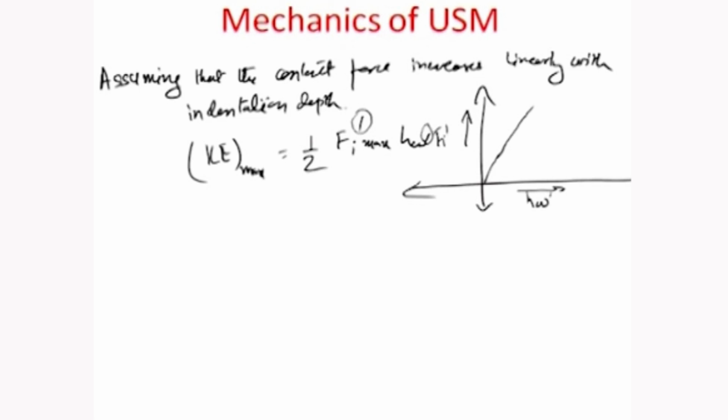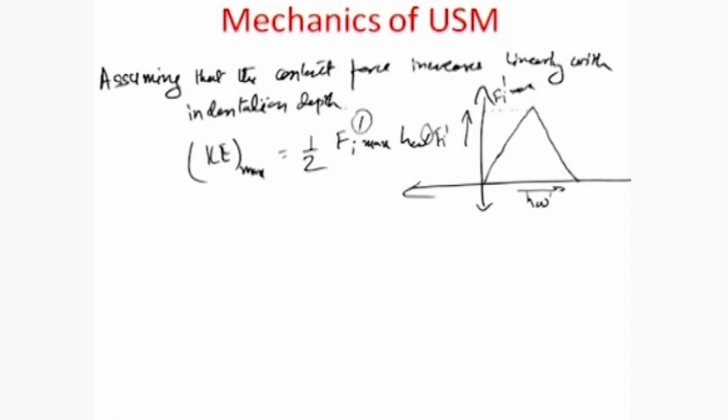And then after the full indentation has been realized, the force at that point can be treated as Fi dash maximum, and then you can assume that the grain slowly releases contact, meaning that it flies off the workpiece surface and goes all the way to force equal to 0.